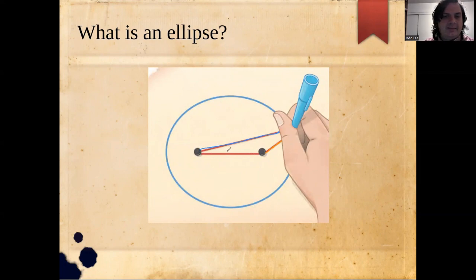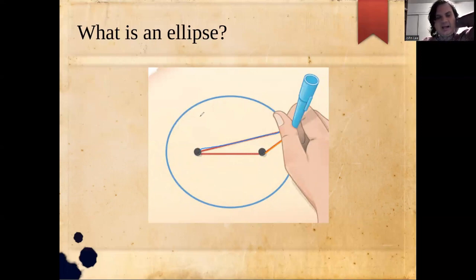So instead of the sum of the two lines being equal to a constant, you have the one line coming from the center being constant, and it's just a circle that goes around.